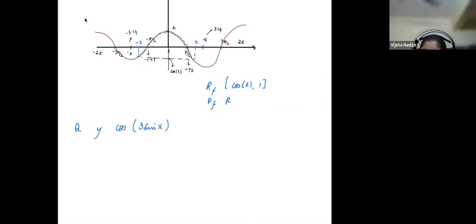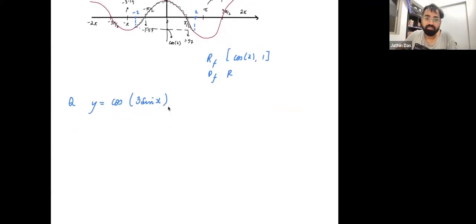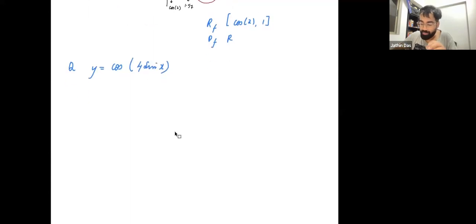Cos 3 sin x. Check. अच्छा 3 नहीं, sorry 3 you're right. 3 में ऐसा कोई प्रॉब्लम नहीं आएगा. Correct. So cos 4 sin x. Now tell me.